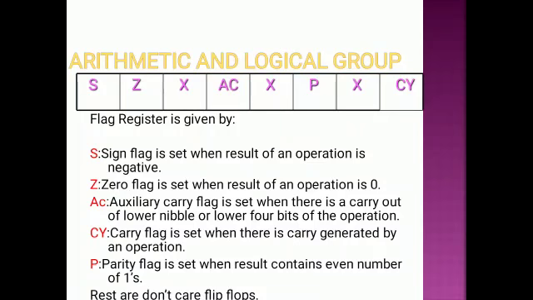When there is a carry generated by any operation, then this flag is set to 1. Parity flag is set when the result contains an even number of 1s, and all other flip-flops are don't care conditions.